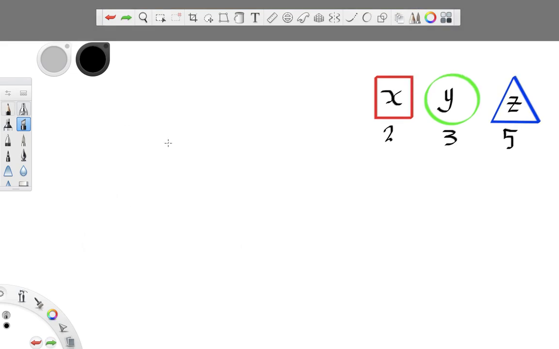Final example of the video, I'm going to ask, what is Z plus Y take away X? So we're going to work from left to right on this.